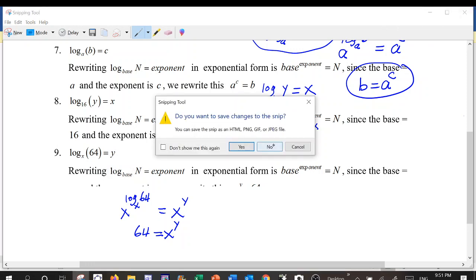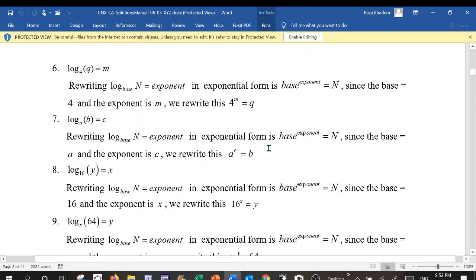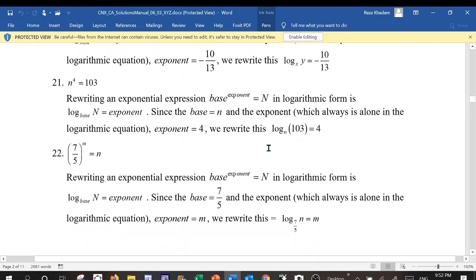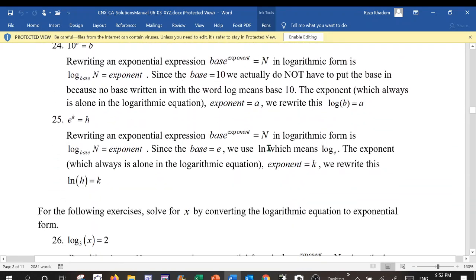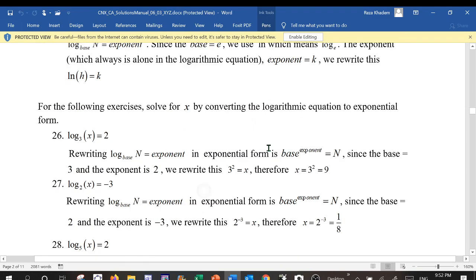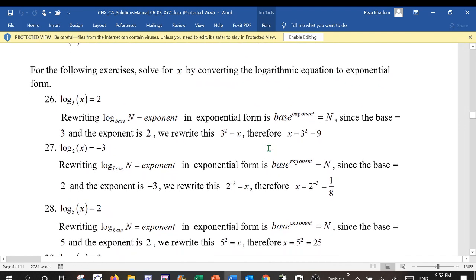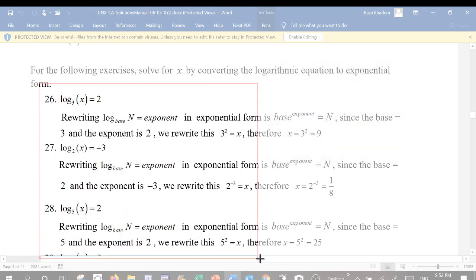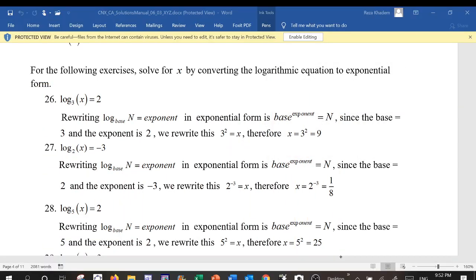Okay, so let's do some more problems. Let's go to 26. For the following, solve for x by converting the logarithmic equation to exponential. So these are very simple equations.